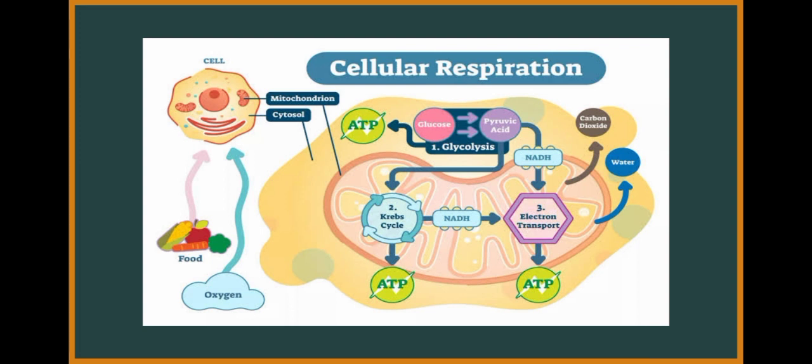Most ATP production occurs in stage 4, which is the electron transport chain, or ETC. In this stage, the NADH and FADH2 from the previous stage give up electrons to the chain.